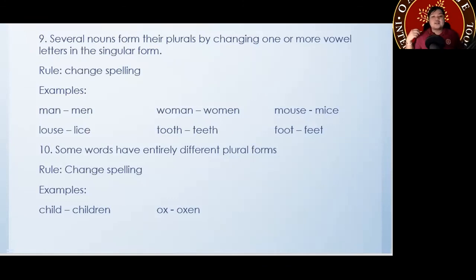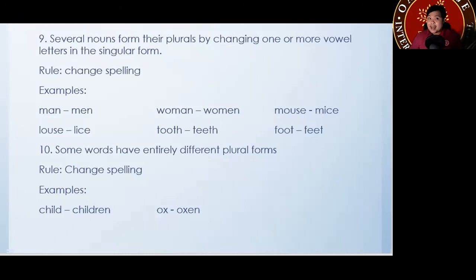Rule nine: several nouns form their plurals by changing one or more vowel letters in their singular form. Man becomes men. Louse becomes lice. Woman becomes women. Tooth becomes teeth. Mouse becomes mice. Foot becomes feet. You might be asking about mouse. Mouse is the animal, the mouse over there.